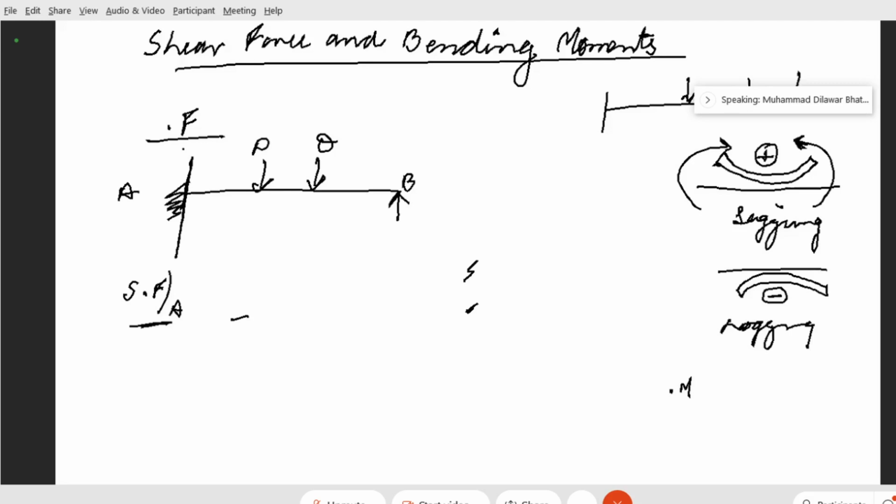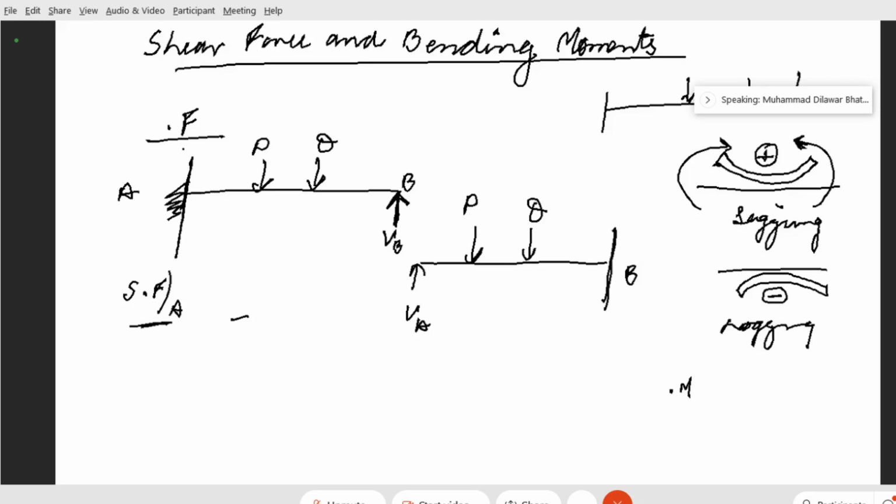We can choose one direction, or we will make another, similar diagram, but the direction is opposite. That is, this is P, this is Q, and let's say this is your VB, and here again this is point A, and here you have point B.